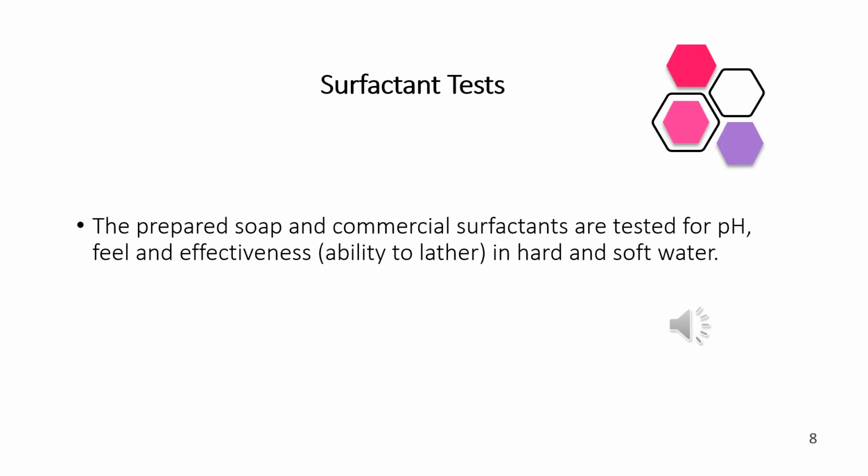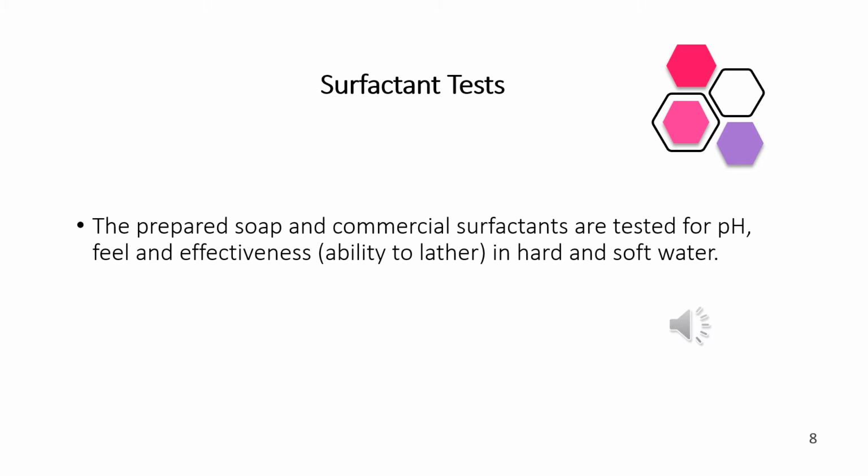Surfactant test. What is the purpose of the surfactant test and why is it performed? The prepared soap and commercial surfactants are tested for pH, effectiveness, and ability to lather in hard and soft water. When the soaps are prepared, they are tested to check whether they are effective or not.